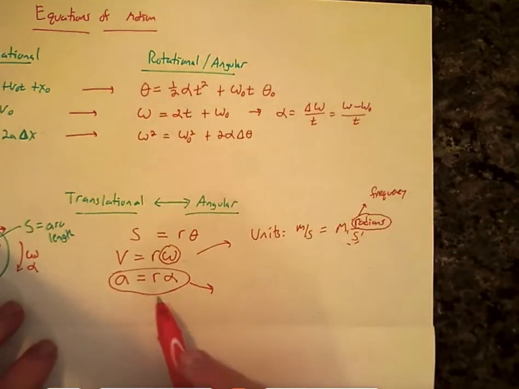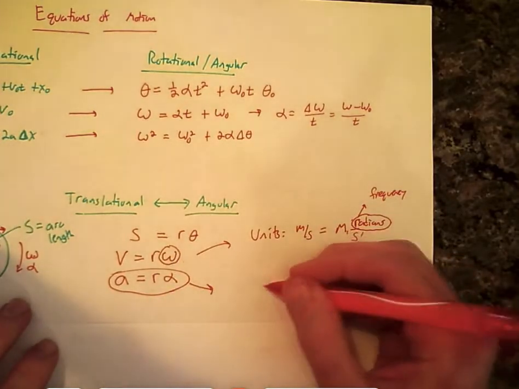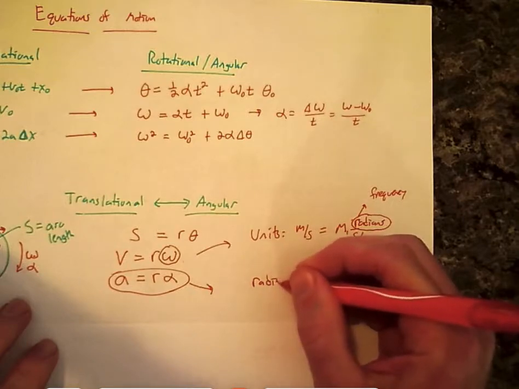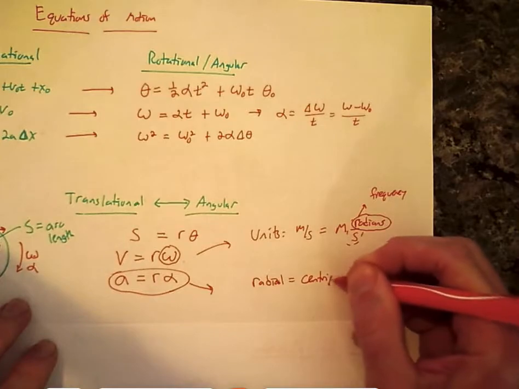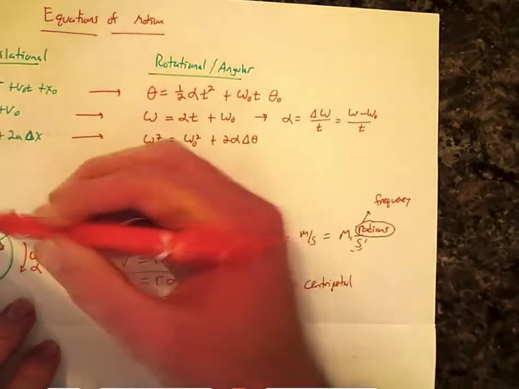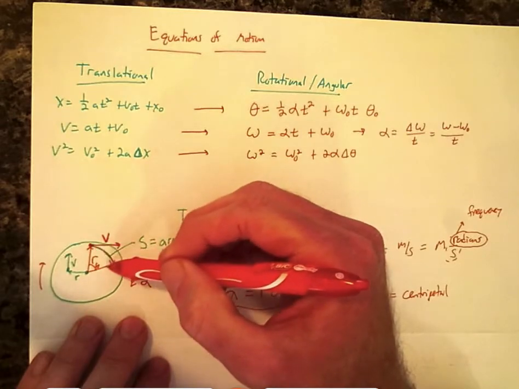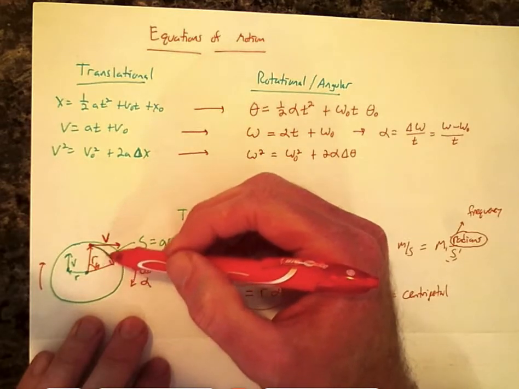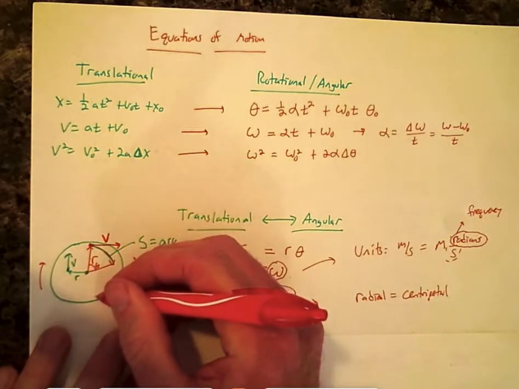One other thing before I get to the period of rotation is that there's a radial or centripetal acceleration as well. When we talk about something moving around and around in a circle, there's a radial or centripetal acceleration. So let's pick another point right here.